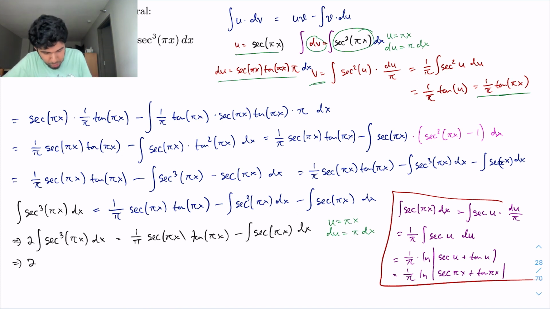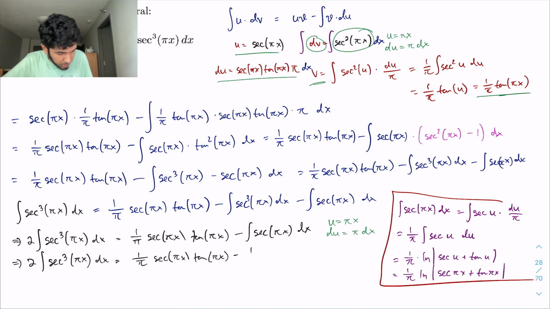We get 2 times the integral of secant cubed of pi x dx equals 1 over pi secant of pi x tangent of pi x minus 1 over pi ln absolute value secant pi x plus tangent pi x.